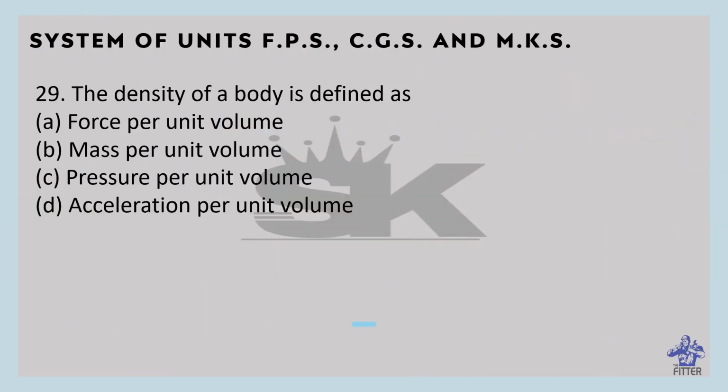The density of a body is defined as mass per unit volume. So here the unit is kg per meter cube.